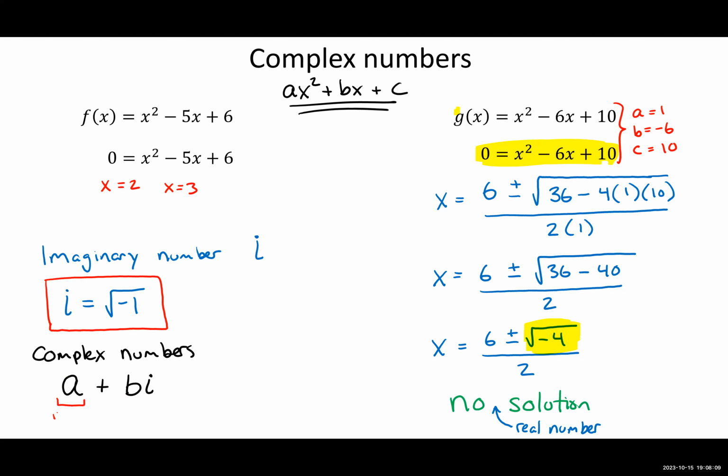So the a, we call the real part, and the bi, we call the imaginary part. And together, that is one complex number.